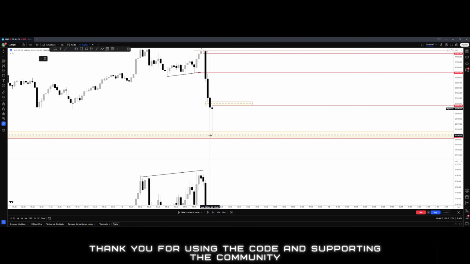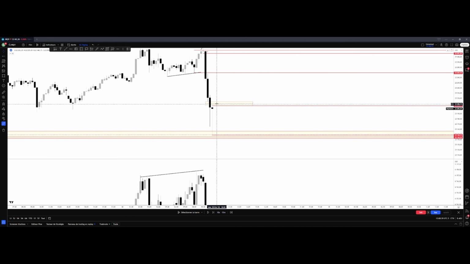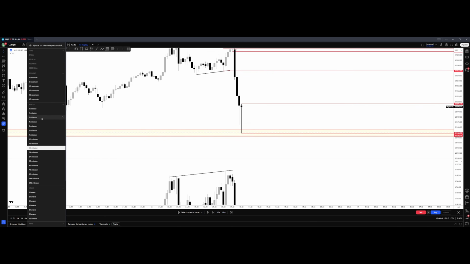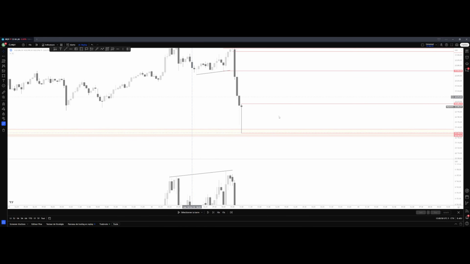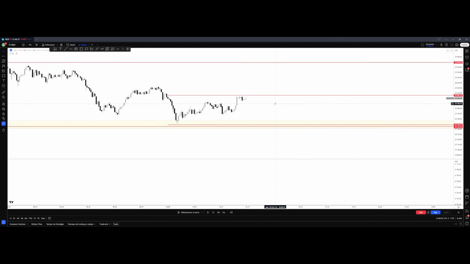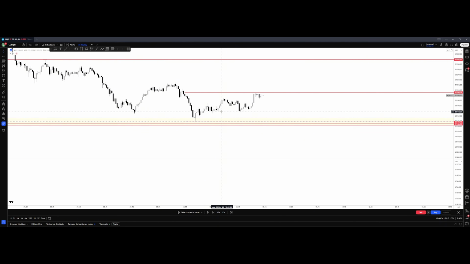So I wanted the price to sweep this high into this fair value gap and tank, right? So go into the 15-second, right? You can see that this was a range and no good low was taken.